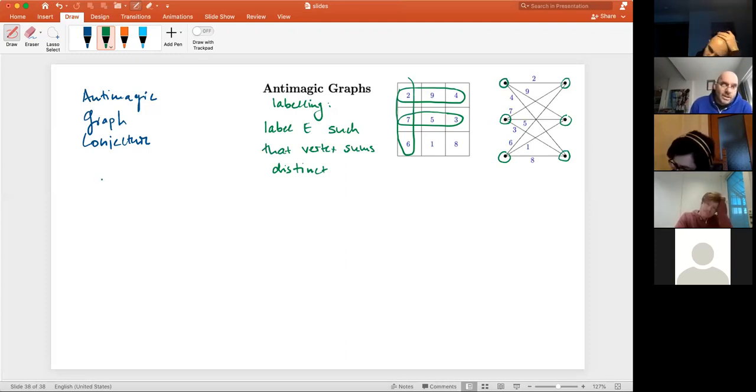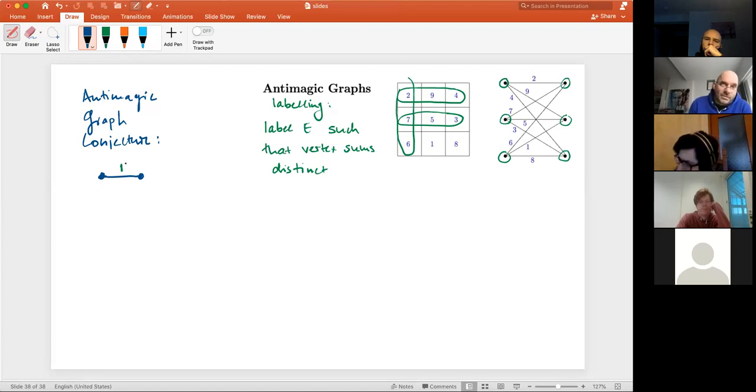So let's try. Here's my favorite graph, K2. Here's the only way to label it with numbers from 1 to the number of edges. On the left you have vertex sum 1, and on the right you have vertex sum 1. That doesn't work, and the conjecture is that this is the only counterexample.